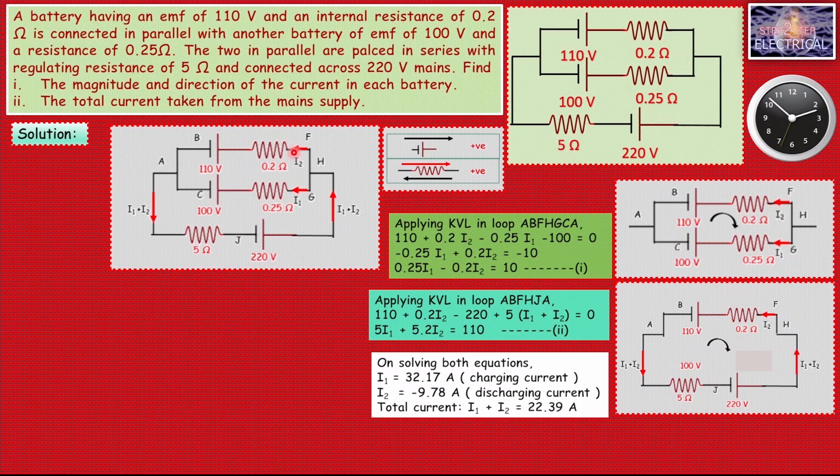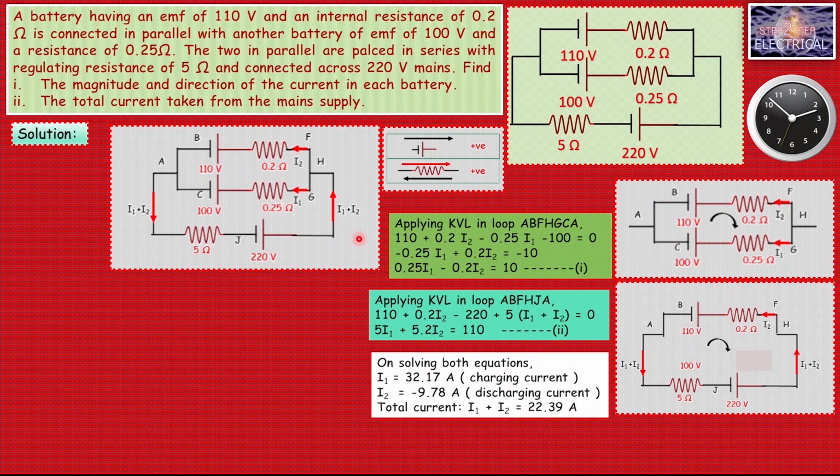It means we assumed the direction of I2 current as anti-clockwise, but the result is negative. So we have to change the direction. The magnitude will remain the same, but we have to change the direction. Here we are asked to find the magnitude as well as direction. So finally we will draw the final network with the corrected direction of I2.